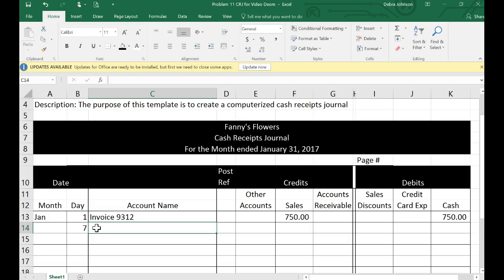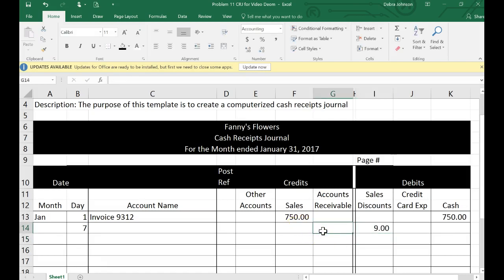So on this one, I would go figure out how much cash I received. And probably the easiest thing to do is to figure out the discount first. So looking up above on your handout, that original sale for Dandy's Daisies was for $450. So 450 times 2% would give me the sales discount.